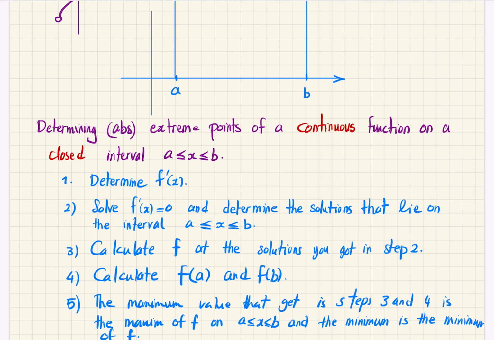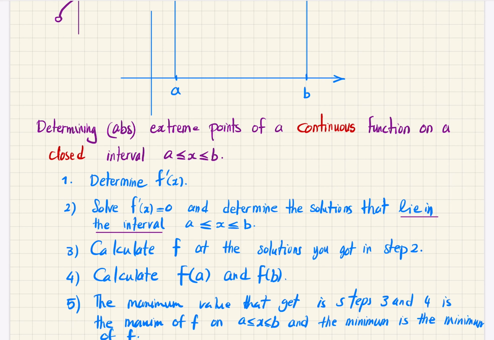So if a continuous function is given to you and a closed interval is also given to you, and you're supposed to find the absolute maximum and minimum of that function on that closed interval, you determine the points at which the derivative is equal to 0. Only you accept the ones that lie in the interval.